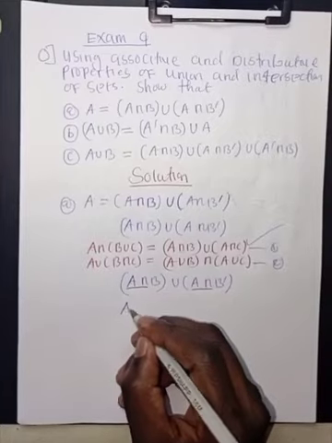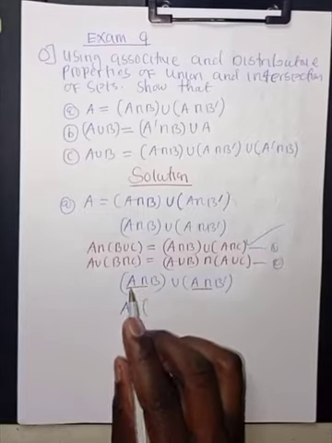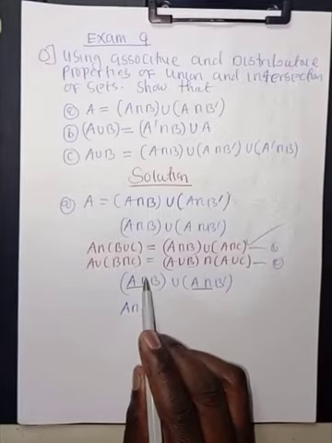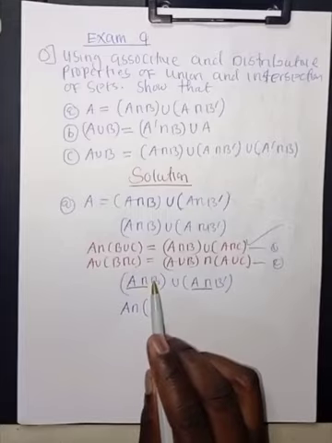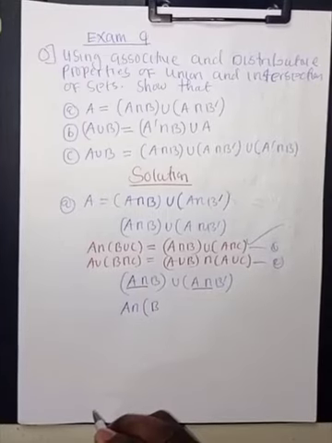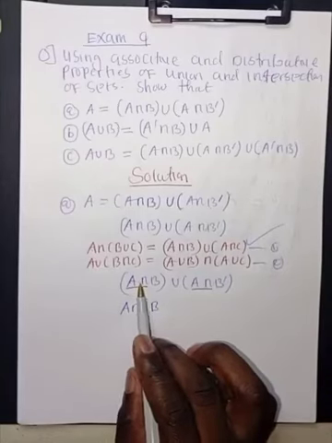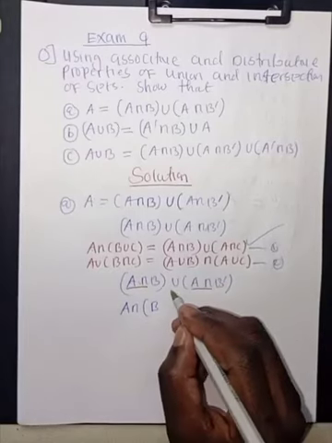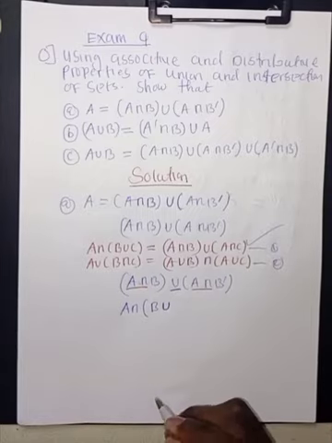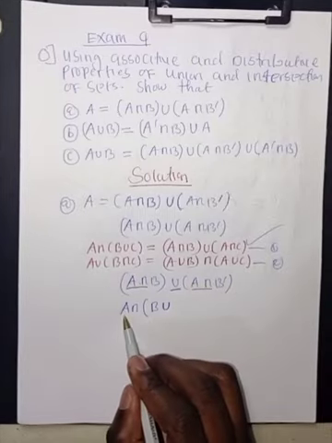If you take A intersection outside, we have already removed A intersection in the first segment. What is left here is basically B. Then the separating symbol between this segment and this segment is the union, so you put your union here. Again, we come here. We have already factorized the A intersection. It is outside here.